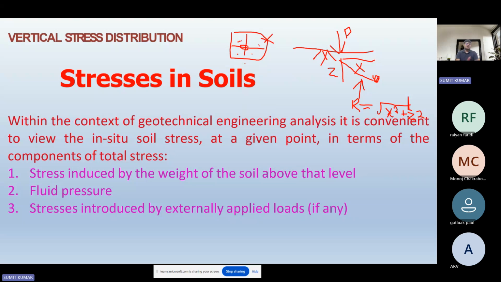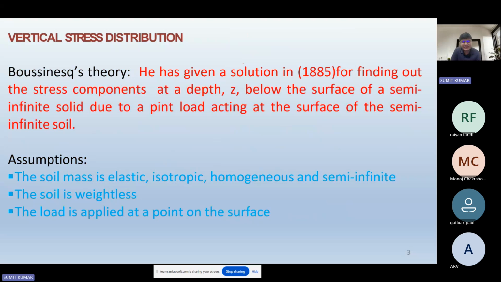So these are the three things: the stress induced by the weight of the soil above that level, fluid pressure, and stress introduced by the externally applied load, which become very much important. Okay, now moving ahead, we move to the equations which we use during the calculations. But before that, as I have already mentioned, the Boussinesq equation and Westergaard equation are equations given by researchers Boussinesq and Westergaard.